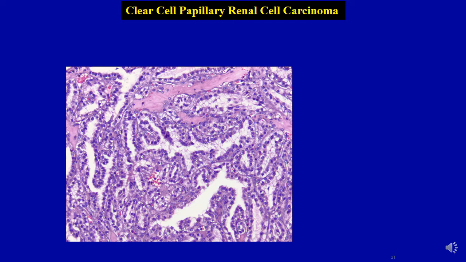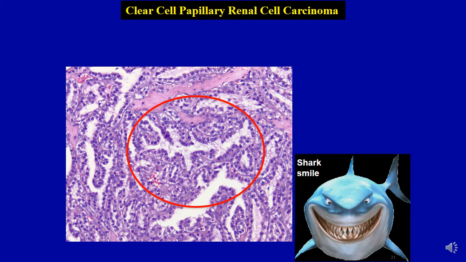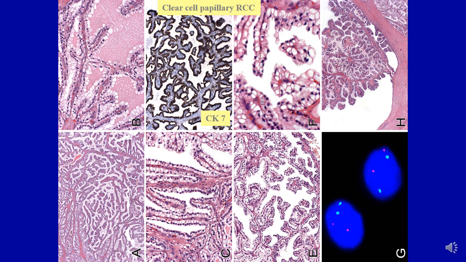So the tubules have a sawtooth type of appearance within clear cell papillary renal cell carcinoma, and it has also been described as a shark smile type of pattern, which again is not necessarily specific, but there is an interesting analogy related to these tumors.